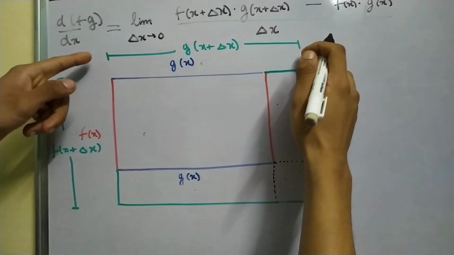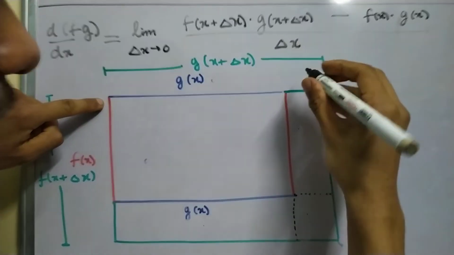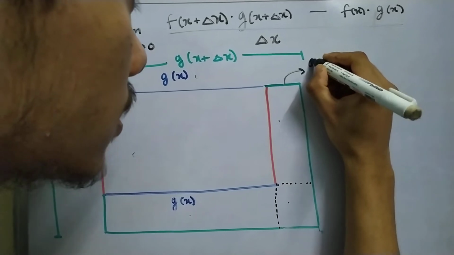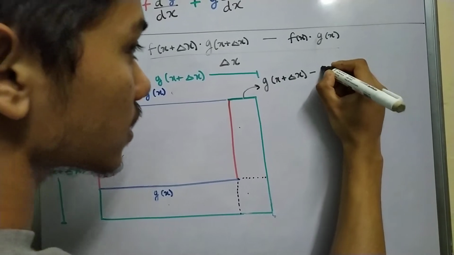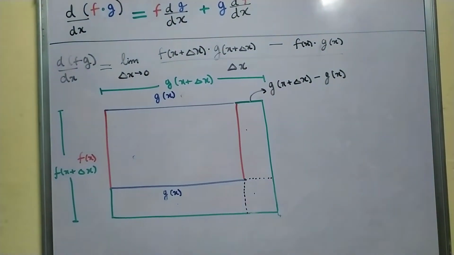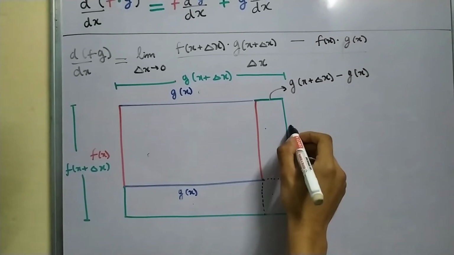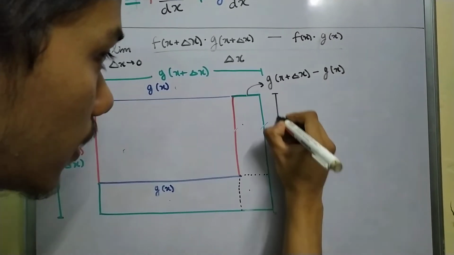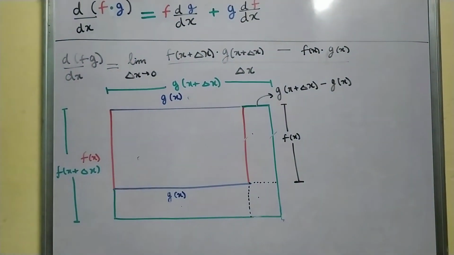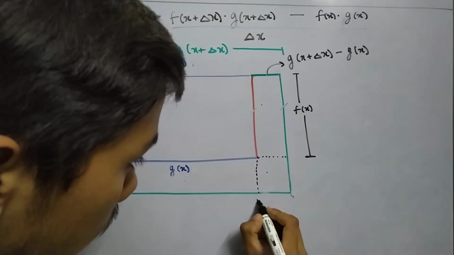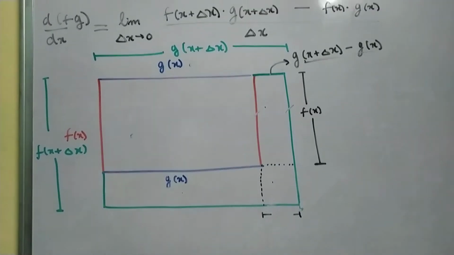Now if this length is g of x plus delta x, this length is g of x, this means this length will be g of x plus delta x, the bigger length, minus the smaller length g of x. Okay, this length will be equal to this length, this one will be equal to this one, this will be again f of x, okay, till this point, and this length will also be this one, g of x plus delta x minus g of x.